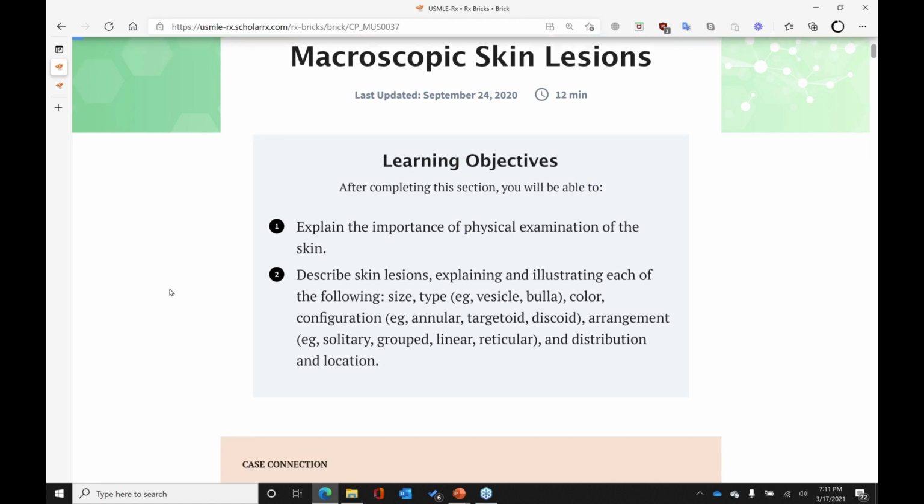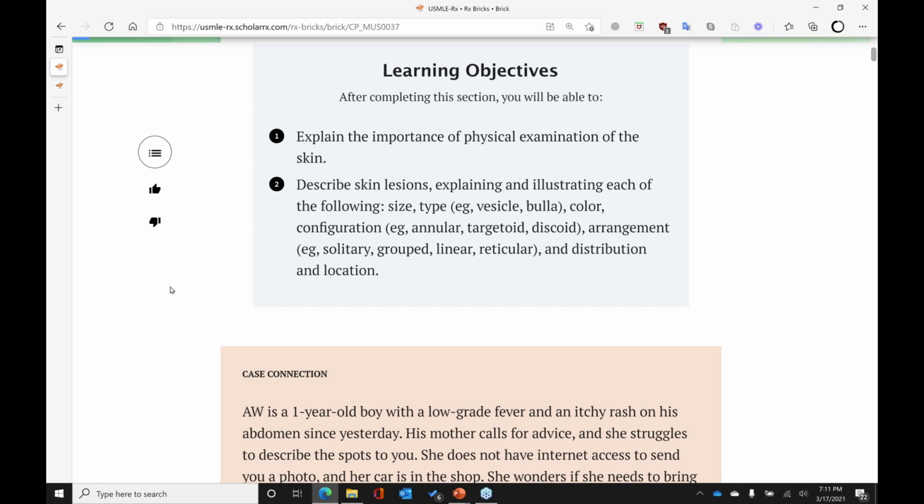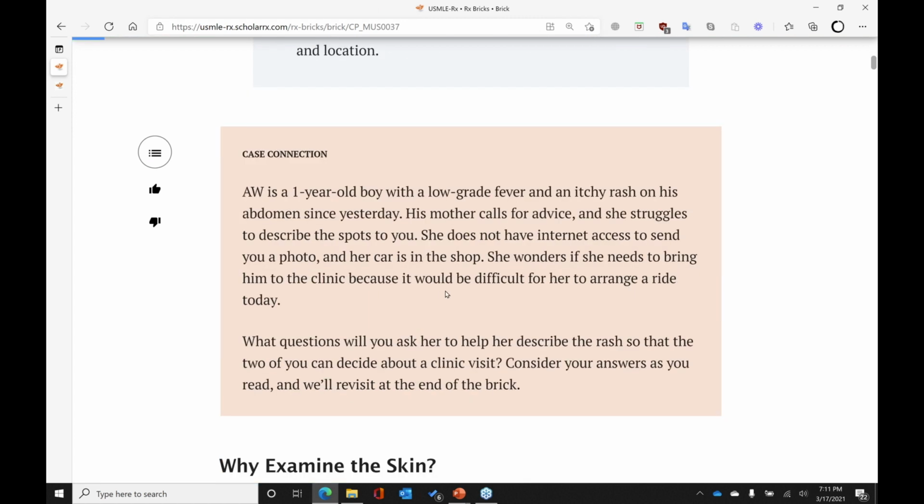We always start off with a case connection, so we can allow you to apply it and set up a realistic scenario that you could clearly see in a clinic, wherever you're at, about this infant or this toddler who has a fever and a rash, and what's going on with it, and how do you deal with this rash, right?